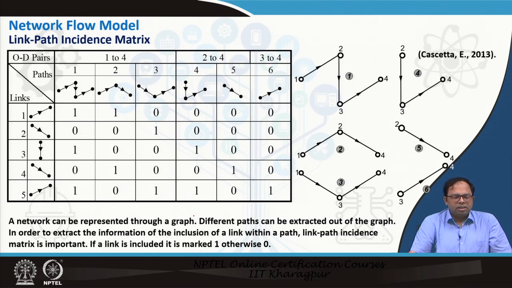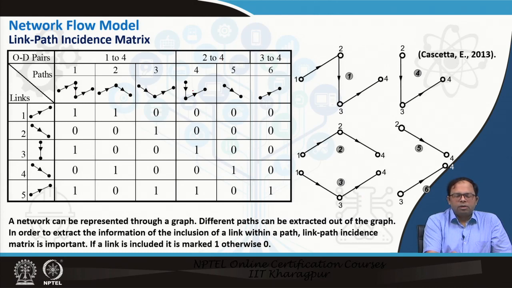So, over here you can see the link path incidence matrix. On this side we have the paths. This is from the OD pair. For 1 to 4 there are 3 paths. It could go 1, 2, 3, 4, or it could be from 1 to 2 and 4, and it could be in this way 1, 3 and 4, and so on. So, these are the 3 ways.